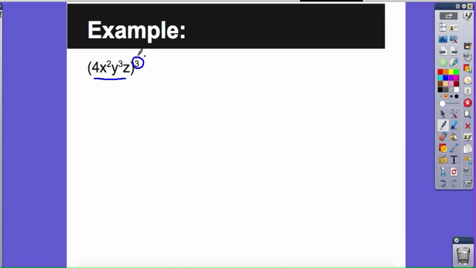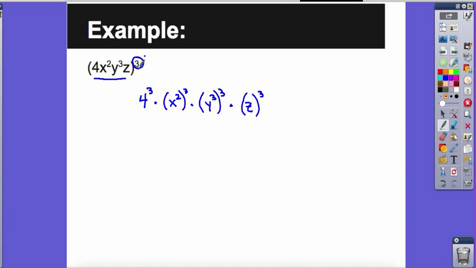So what I would do is I would rewrite this as 4 to the third times x squared to the third times y cubed to the third times z to the third. Each term on the inside has just received this exponent on the outside of 3.